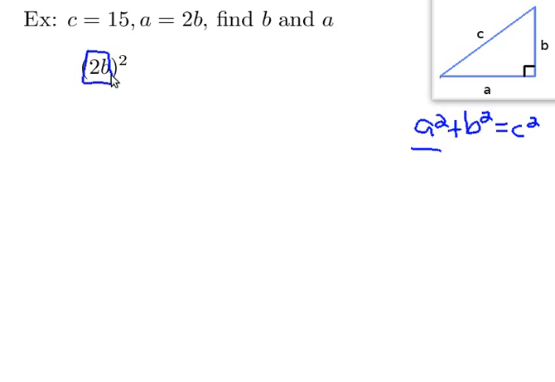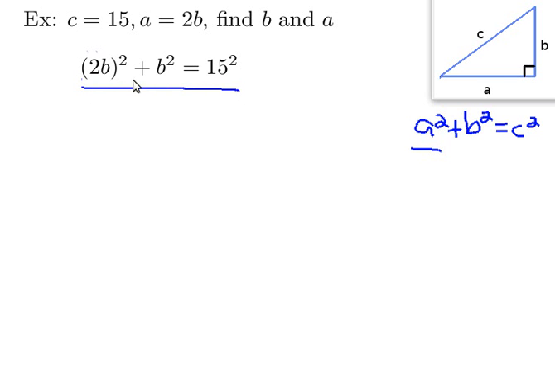Don't forget to put the parentheses around it. Then we know nothing about b. We don't have it in terms of anything. So we just write it plus b squared equals. We know that c is equal to 15. So 15 squared.